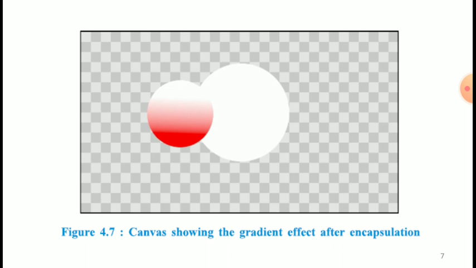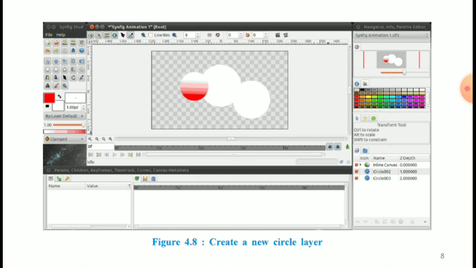To make it more clear, let us add one more circle using the circle tool as shown in figure 4.8. So this slide is figure 4.8, creating a new circle layer.